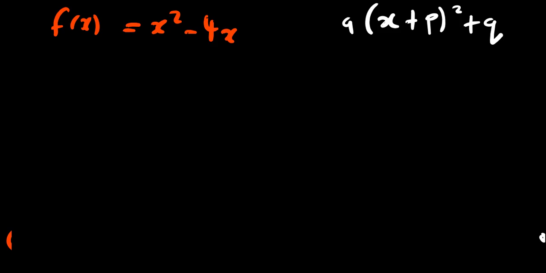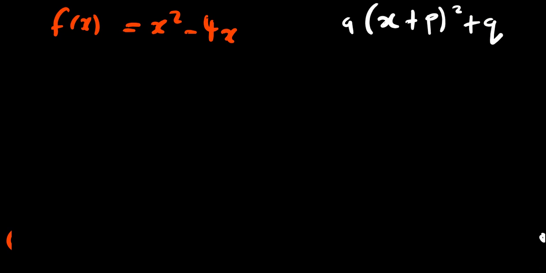Before I go any further, I must make mention that your p in this case, because there's a value of x here, shows you how the x is shifting, how the values of x have shifted to a certain value. Then your q in this case just shows you the shift in the y. So we're talking about the turning point, where your graph is going to start from.